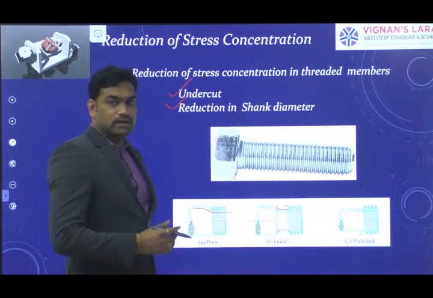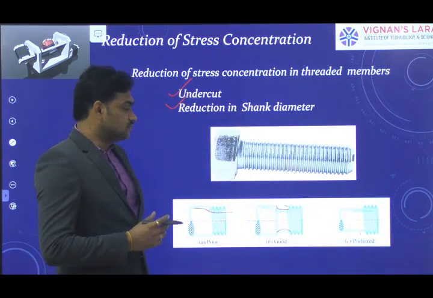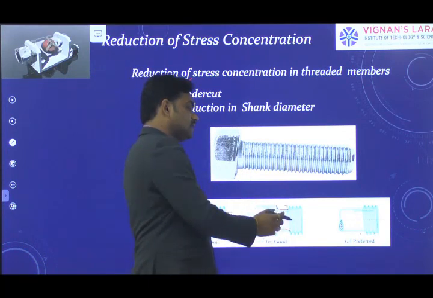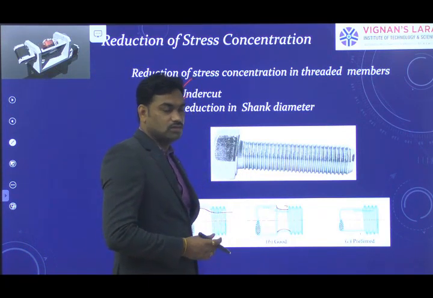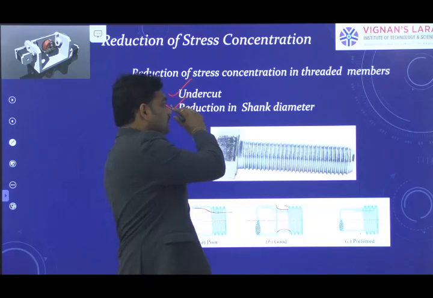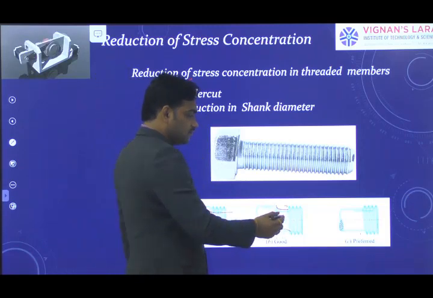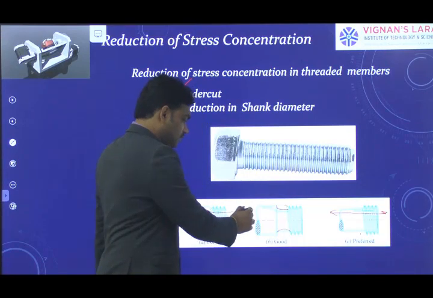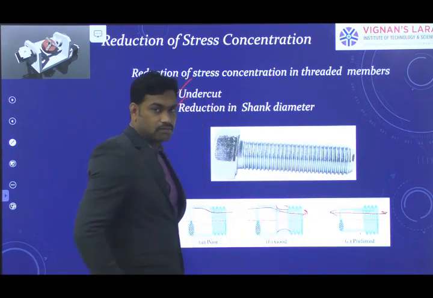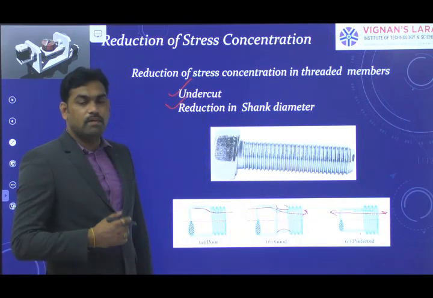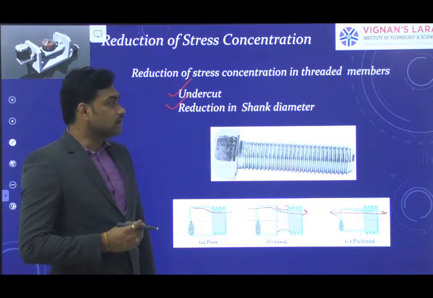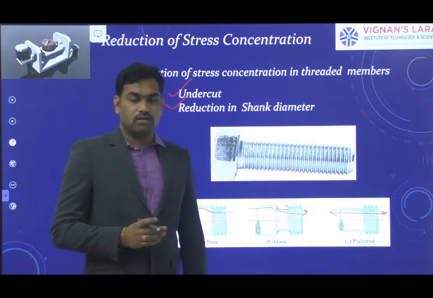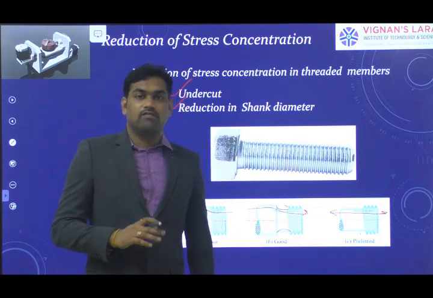We can provide the threads above the diameter of the shank so that we can reduce the shank diameter, so that the stress lines can flow smoothly in a straight fashion instead of taking a curve here. So these are some of the methods. We can reduce the stress concentration, but we are not going to avoid it completely.